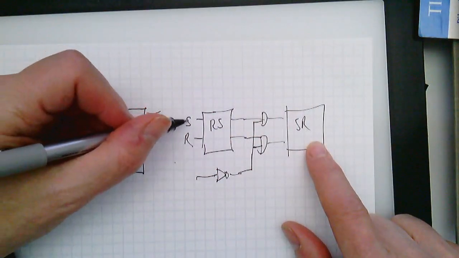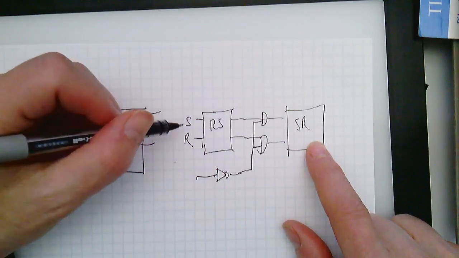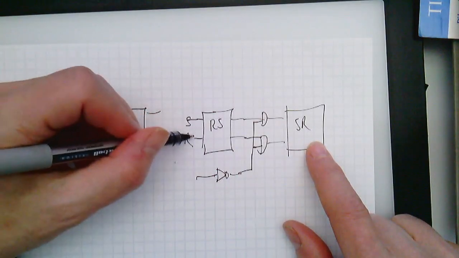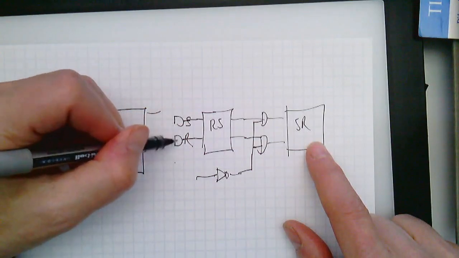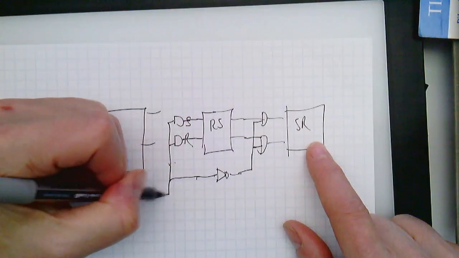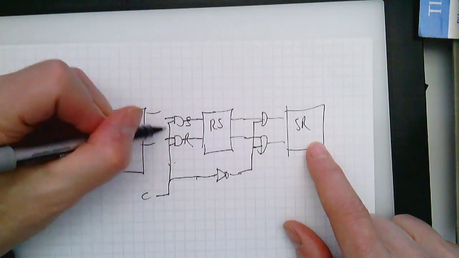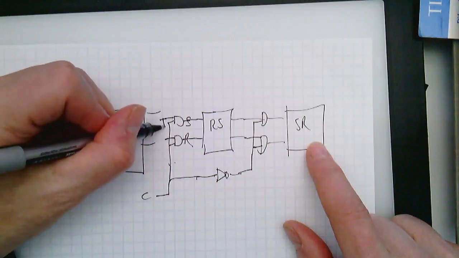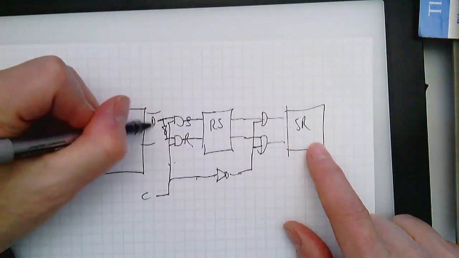And now what you can do is you can gate the inputs here. Run it into your clock. And then take S and R. And now you've got your D input.